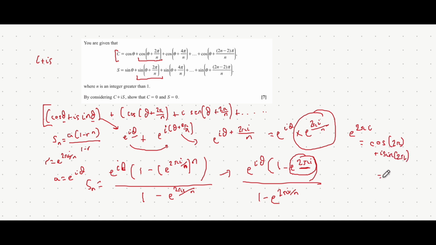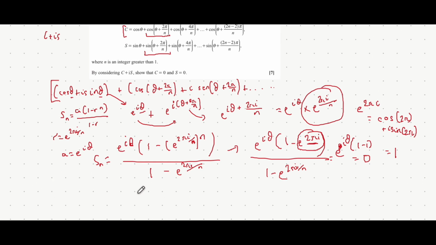Now cos of 2 pi is just equal to 1, and i times 0 is just 0. So this expression here would just become 1. So the numerator becomes e to the power of i theta, and then in brackets, we have 1 take away 1. Well, if the numerator is equal to 0, that means that this whole fraction will equal 0, because 0 divided by any number is 0.